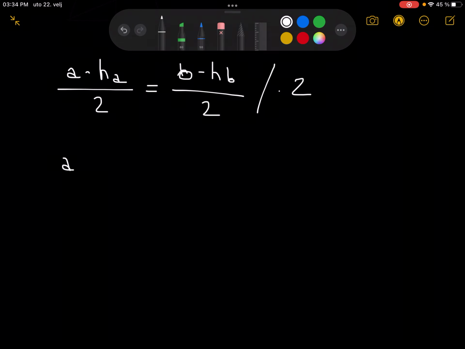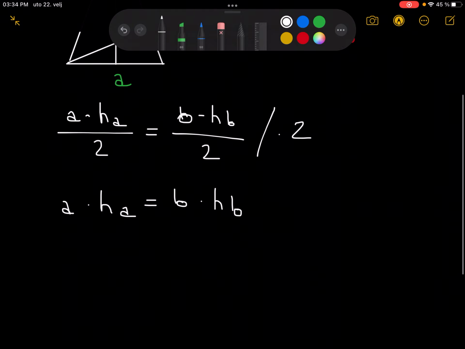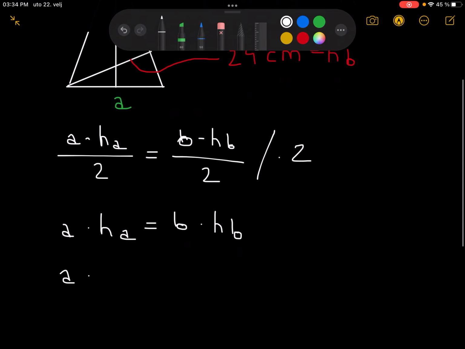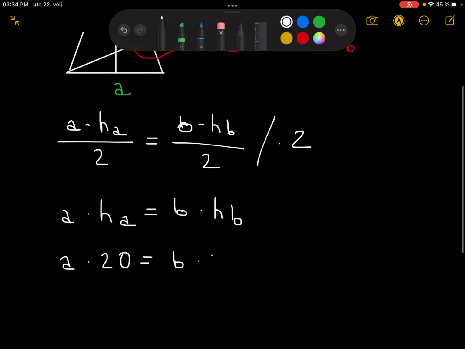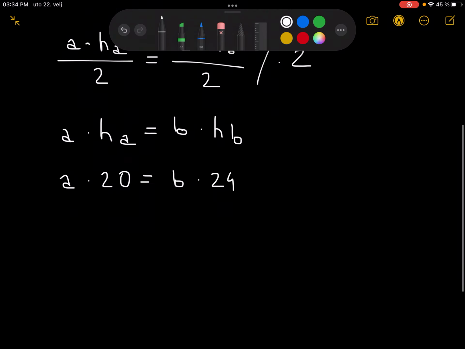So we'll get that A times HA is equal to B times HB, and when we plug in the numbers, A times HA, which is 20, is equal to B times HB, which is 24.